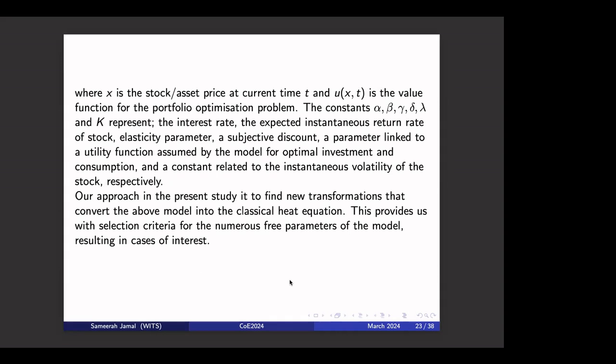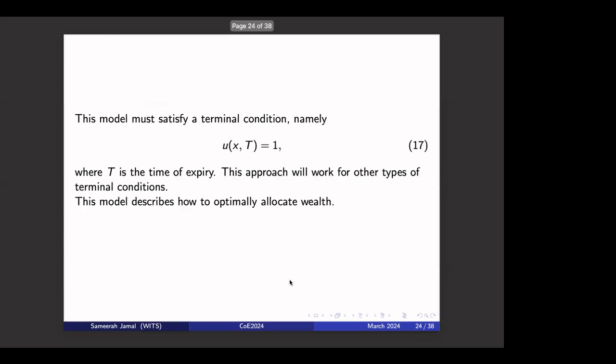That's the first thing that we tried, just simply because once you have the heat equation, there's so much that you can do. Another side effect of this transformation was that the free parameters of the model could be specified instead of left just generic.